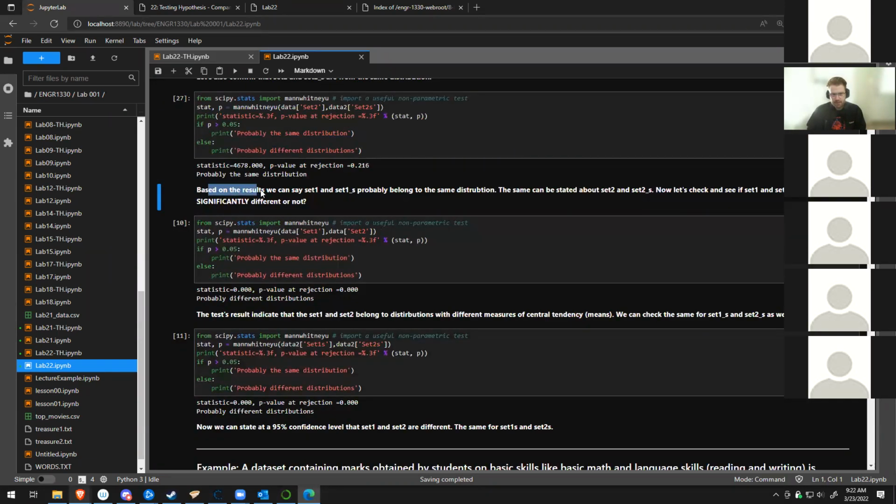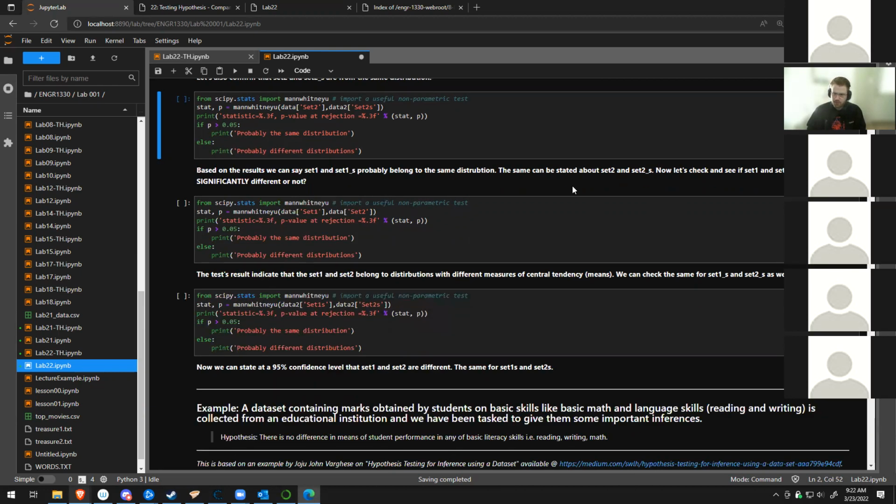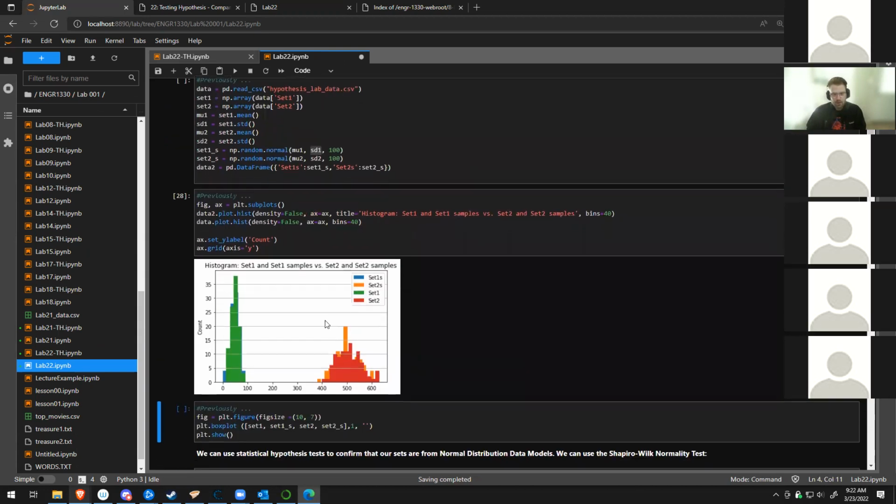So let's say that we're confident that set 1s and set 1 are probably from the same distribution. Same thing with set 2. Now, if we think back to, you know what I'm going to do? I'm going to clear all the outputs. There we go. The last lab, we left off basically asking the question, green and red, do we think they are different enough?